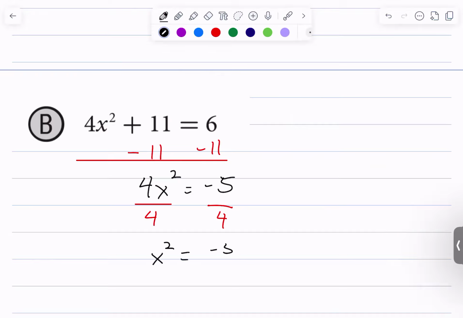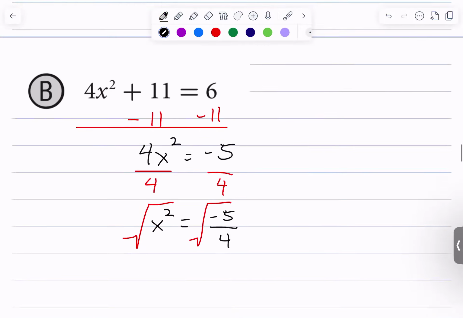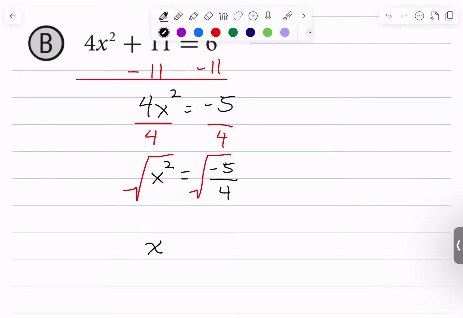And then once I isolate that x squared, I'm going to go ahead and take the square root. So x is going to equal plus or minus square root of negative 5 over square root of 4 is 2.